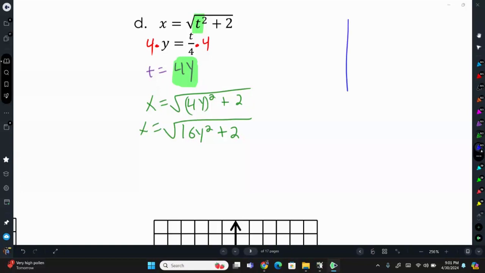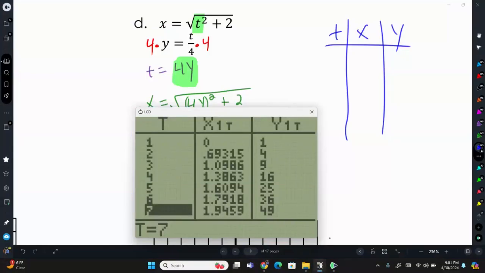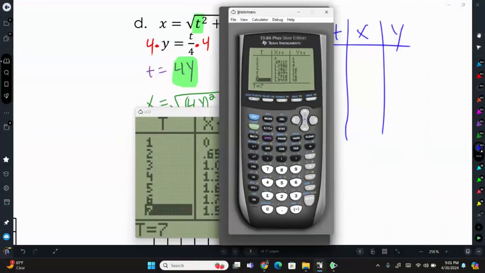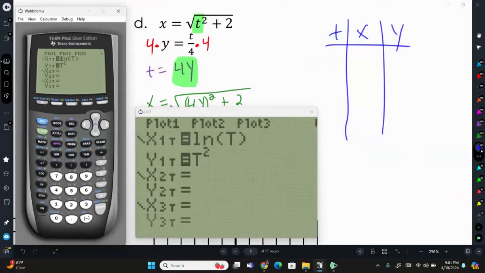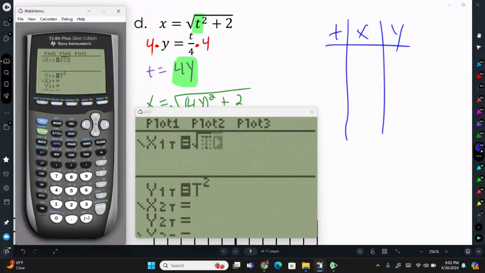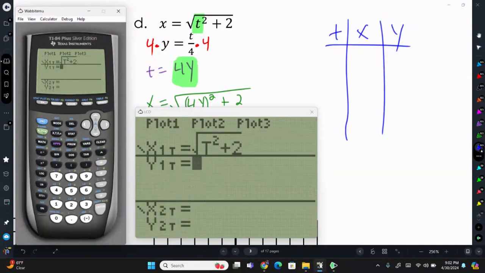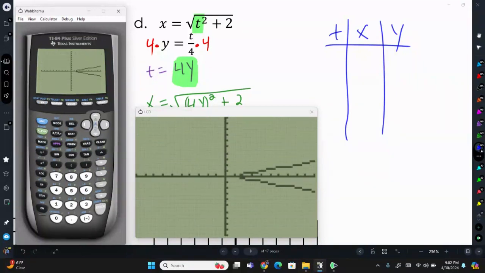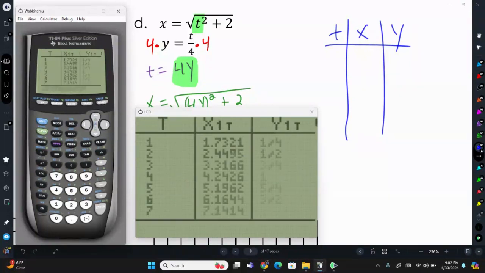Okay, so then our table: t, x, y. For x, we type in the square root of t squared plus 2. Sorry, next for the y, it's going to be t over 4. And then we graph that. So second graph.